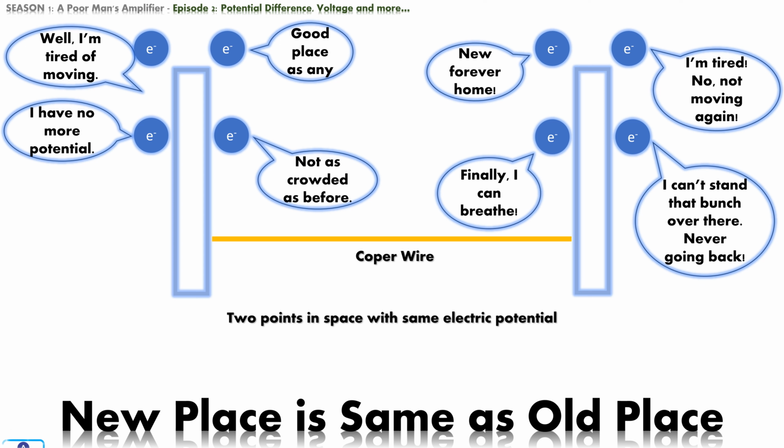And, what is more important, they no longer have will or intent to move, because the collective potential of all electrons on the first rod is exactly the same as the collective potential of all electrons on the second rod. It doesn't matter anymore if there is a path for them to cross from one rod to another. Since the number of them is the same on both rods, nothing would be gained by moving, so they are happy to stay in this equilibrium forever.